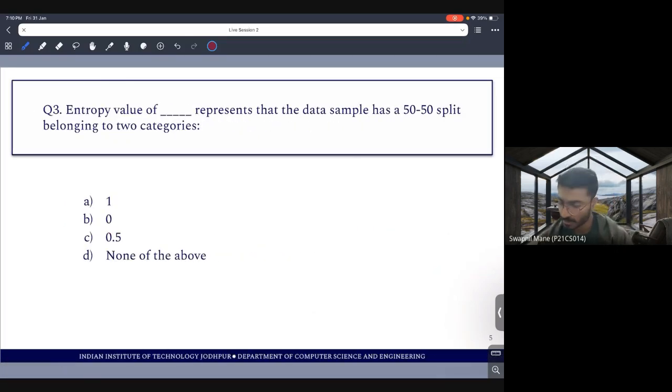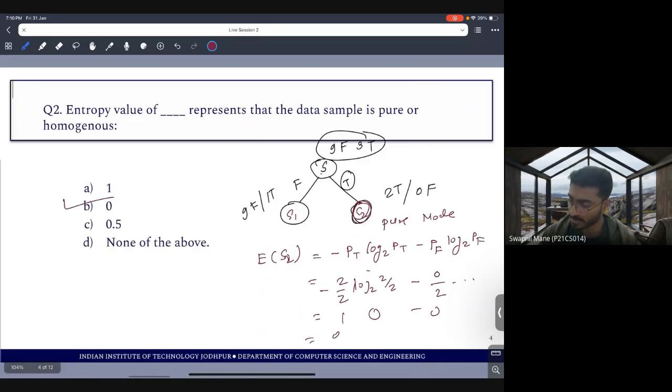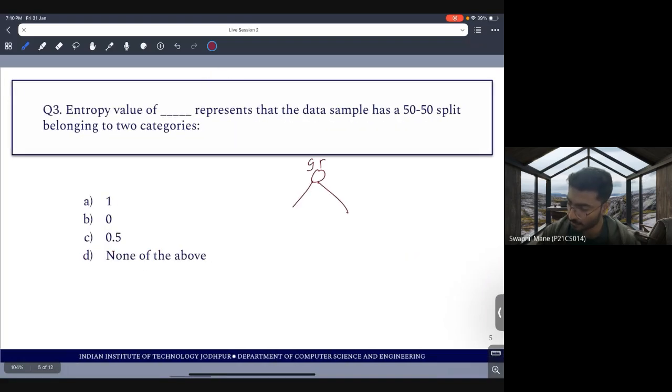So let's see, if there is a 50-50% split, let's take this node, as in the previous example, suppose 9F and 3T, and after splitting it by F, we are getting 5F and 5T, because we have considered this question as a 50-50 split.